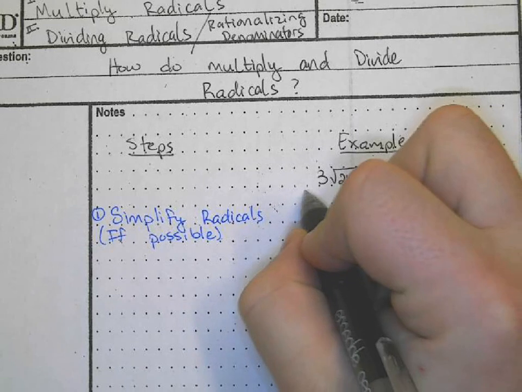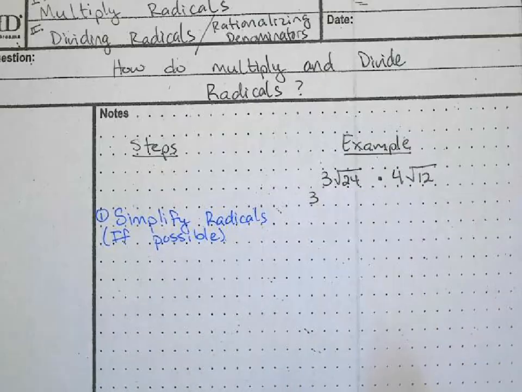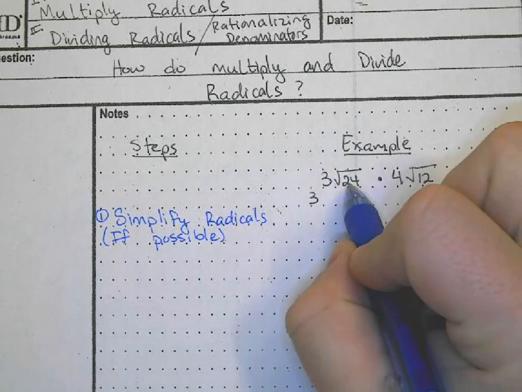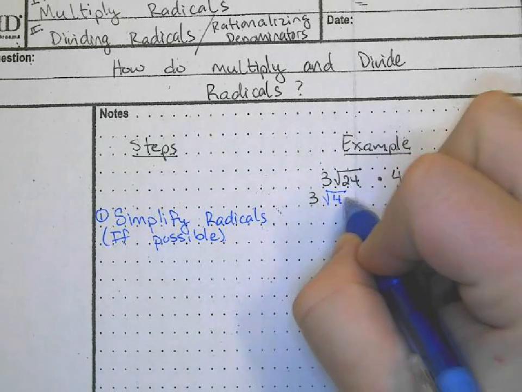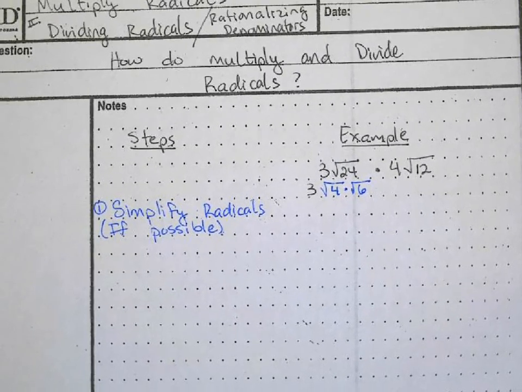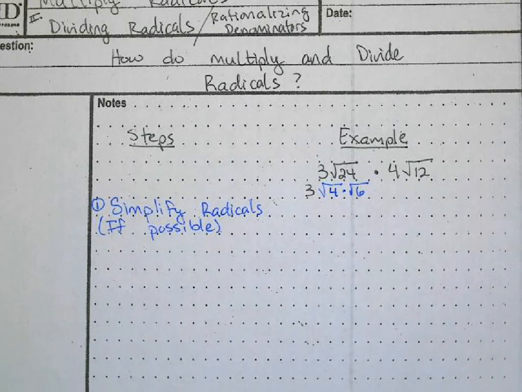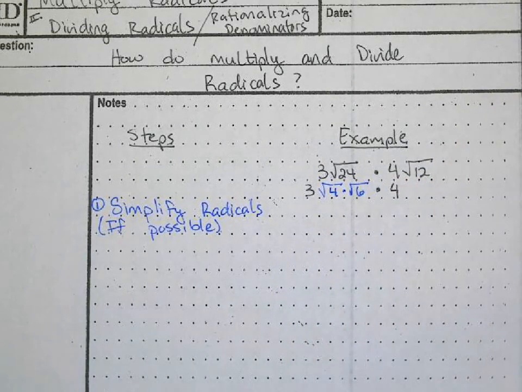So the 3 comes down, and then I'm going to factor our root 24 into a perfect square root and the other root. So a perfect square factor of 24 is 4, so I could have root 4 times root 6. And then I'll bring down this times 4.